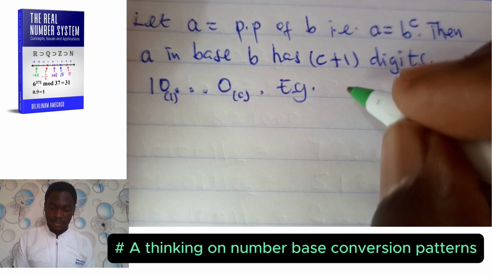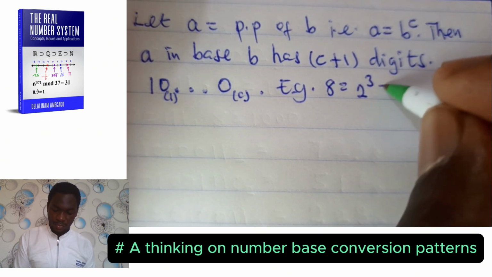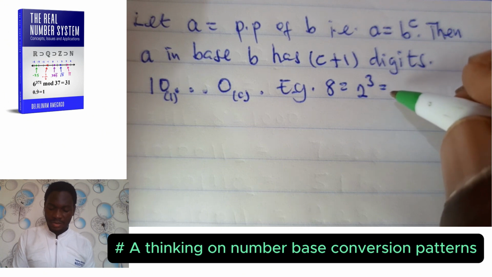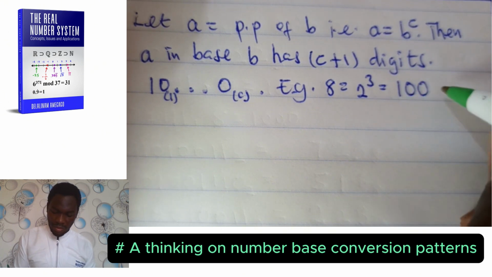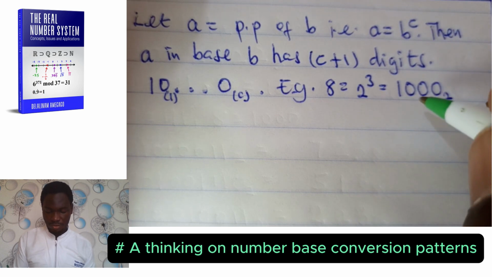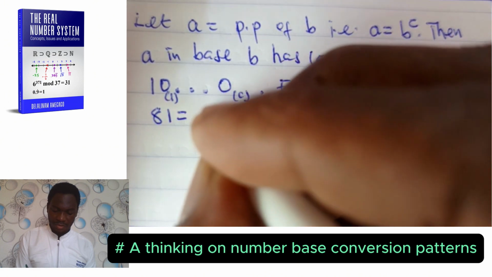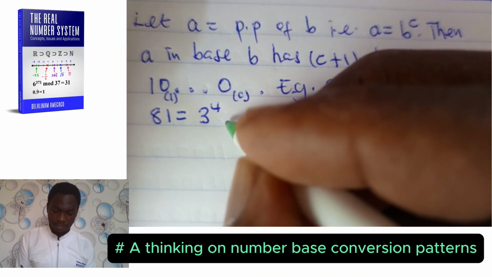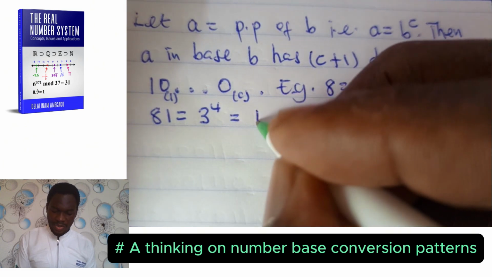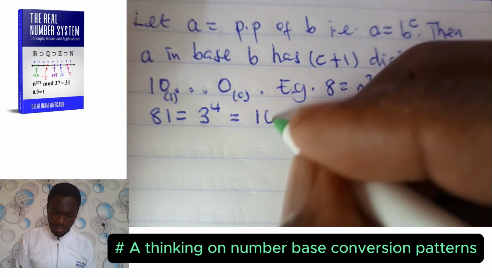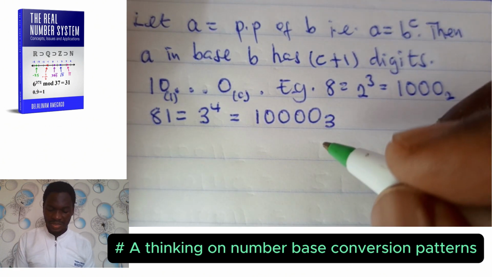For example, we know that 8 is equal to 2 exponent 3. And so in base 2, 8 will be 1 followed by 3 zeros. Similarly, since 81 is equal to 3 exponent 4, we have that 81 in base 3 will be 1 followed by 4 zeros.